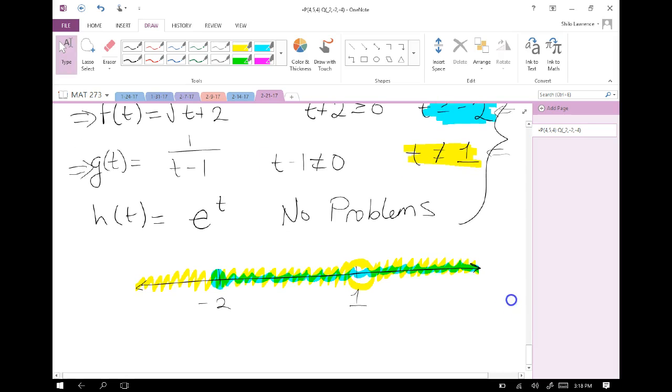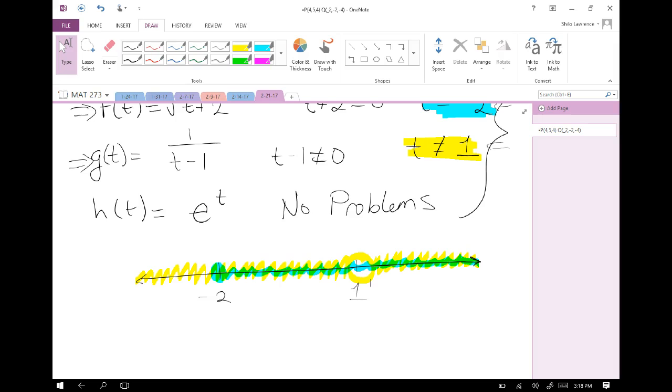So where do these guys overlap? What numbers can be used for all of them? At least 3 numbers? Definitely. -2, 1, and -2. They overlap there. This whole section.